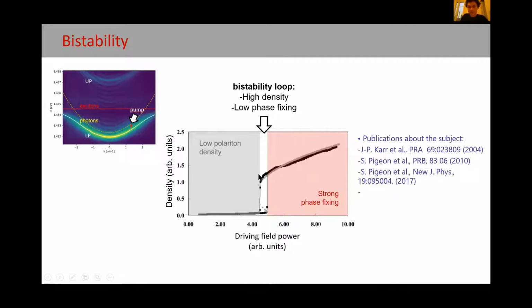In the bistable regime, the fluid density can be either high or low. And furthermore, we discovered in the group that in this regime, the phase of the fluid is free to evolve. It is no longer fixed by that of the driving field. So we can exploit this particular property in order to inject into the cavity a high density fluid at macroscopic scales, while having some solitons able to propagate freely in it.